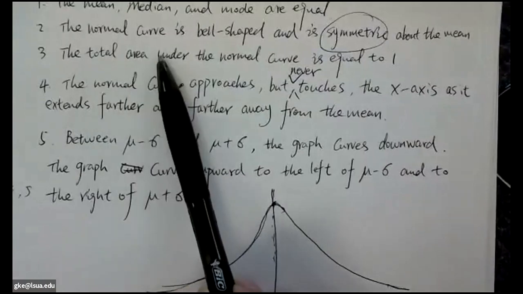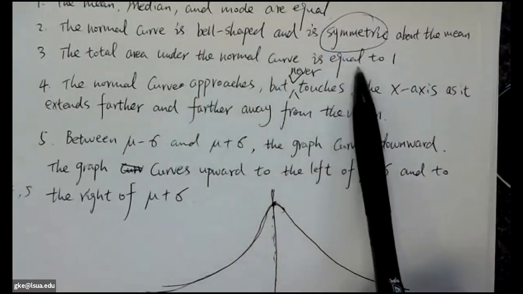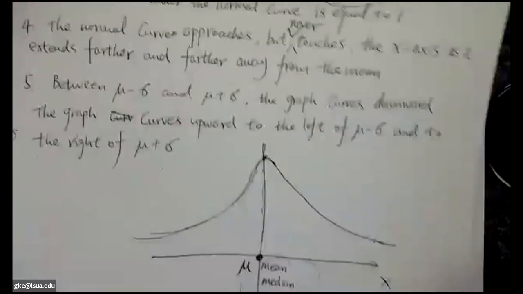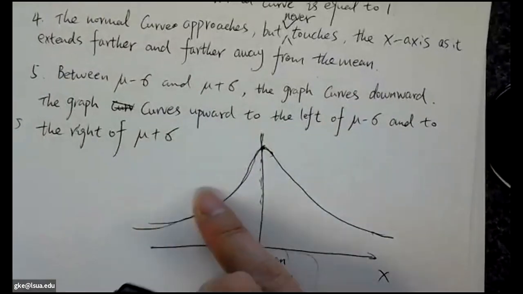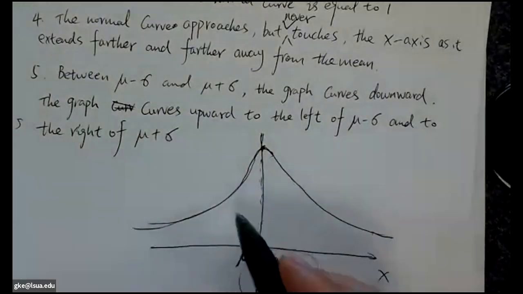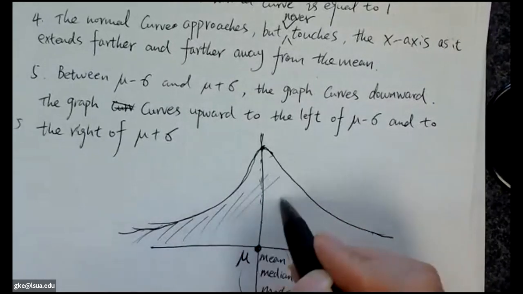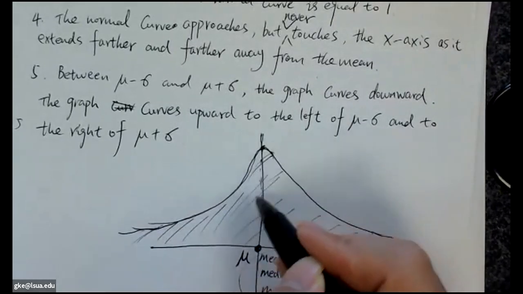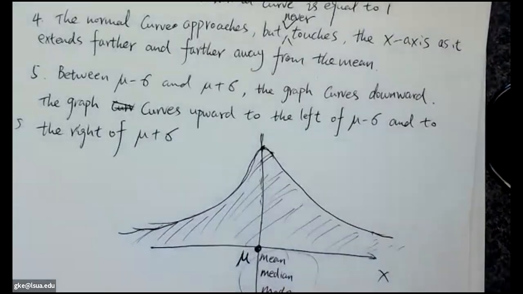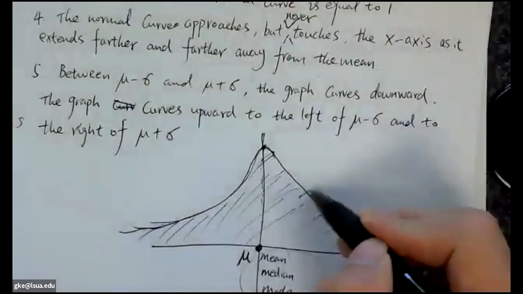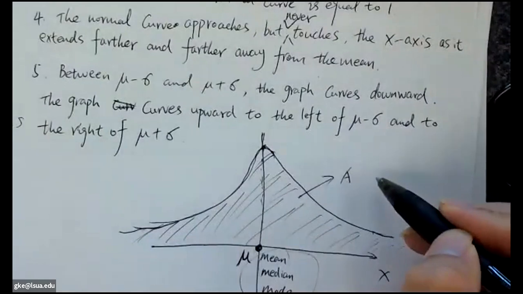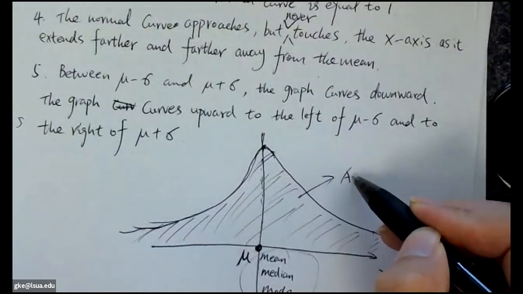The total area under the normal curve is equal to 1. What does that mean? I give you this curve like that, right? So it goes down, and the area underneath this curve is 1.